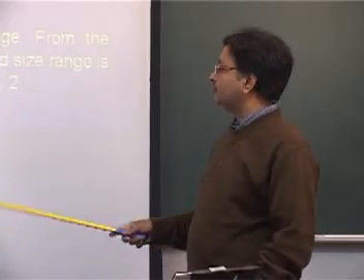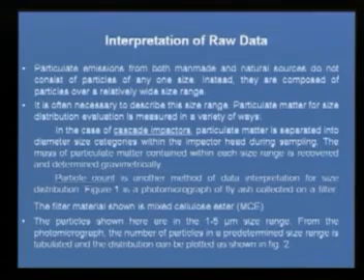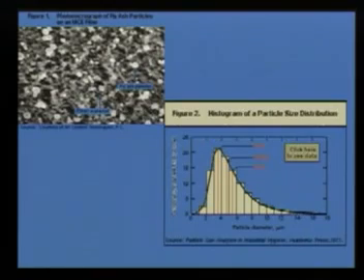The particles shown in the figure are in the size range 1 to 5 micron. From the picture, the number of particles in a predetermined size range is tabulated, and I'll show that in figure 2 in a moment, because that's how we analyze the data. What you are seeing here, the white dots, are the fly ash particles, and these are the filter particles, or the little black you see.